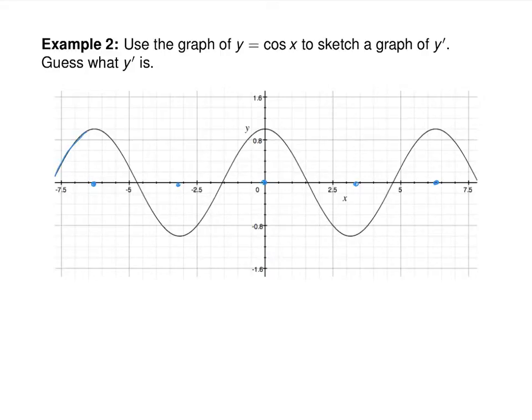Slope is positive, therefore above. So above, slope is negative, therefore below. Positive slope puts it above again, right?